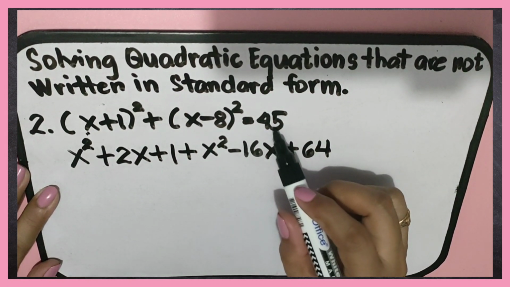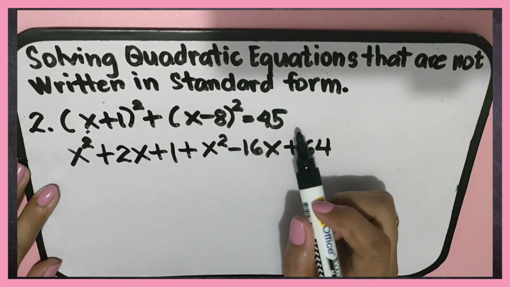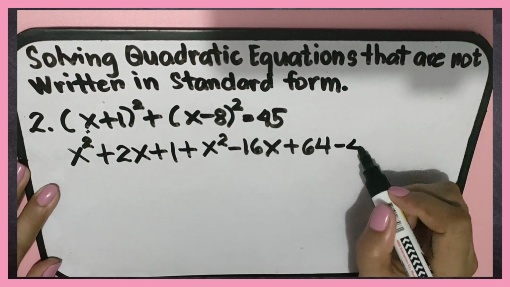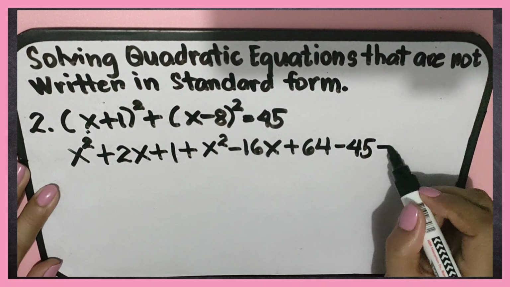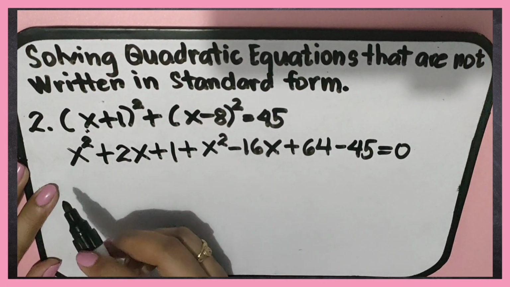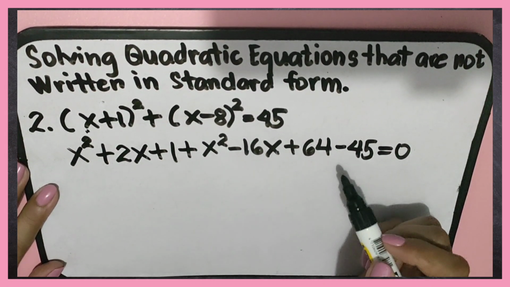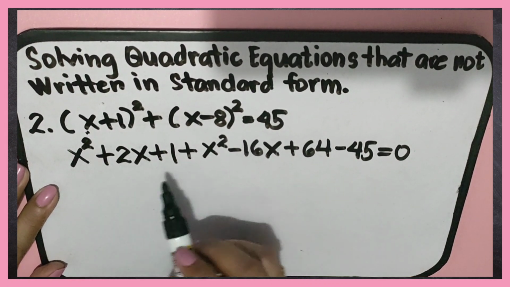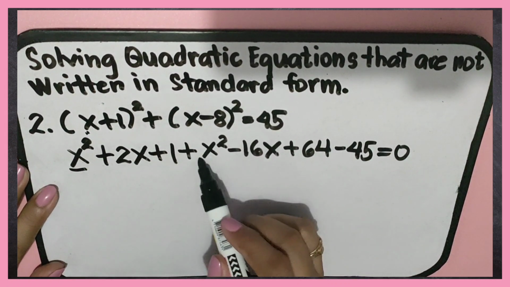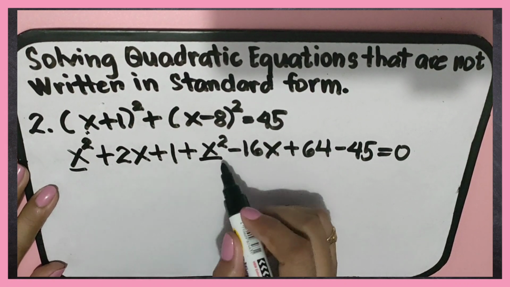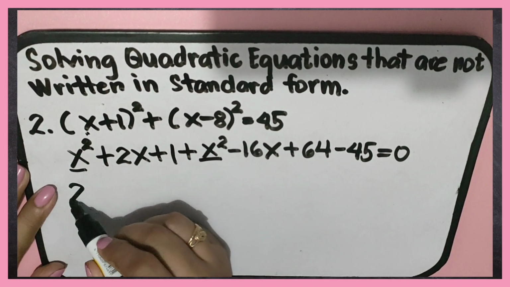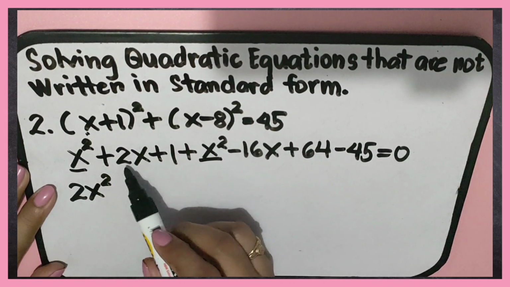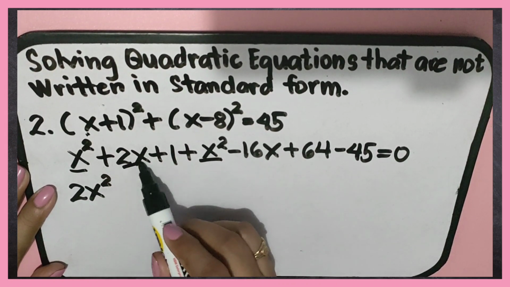Then we will transpose positive 45 to the left side of the equation. So we have negative 45 equals 0. Okay, so after this, we will combine or collect like terms. We have x squared plus x squared, so we have 2x squared. And then we have the linear term or the variable x.